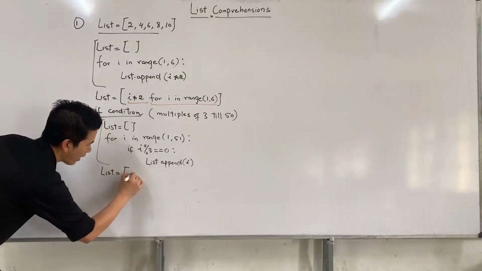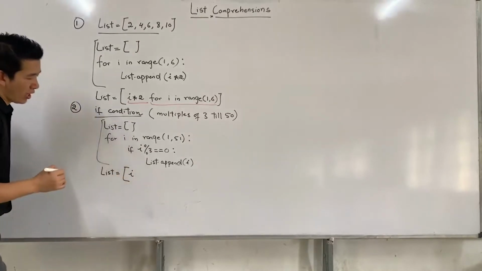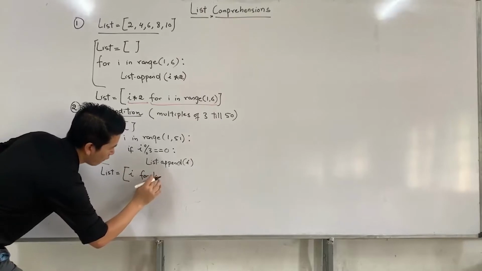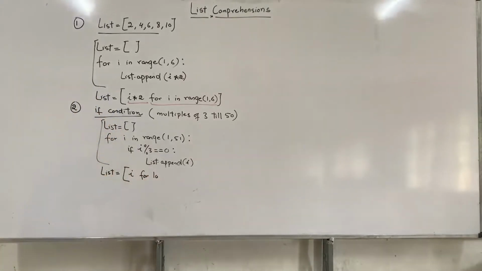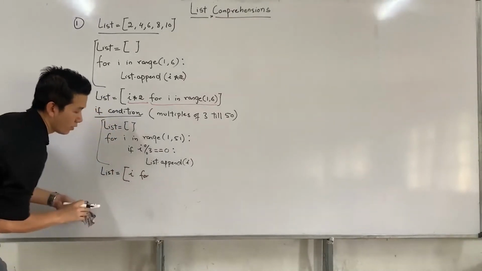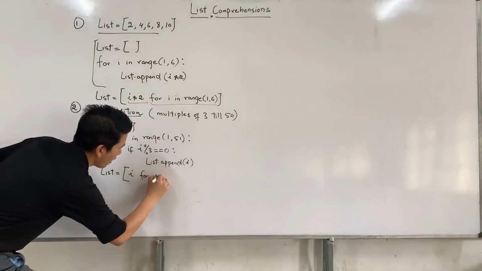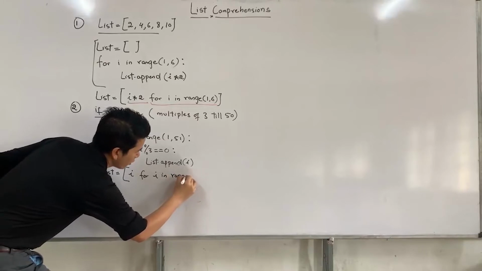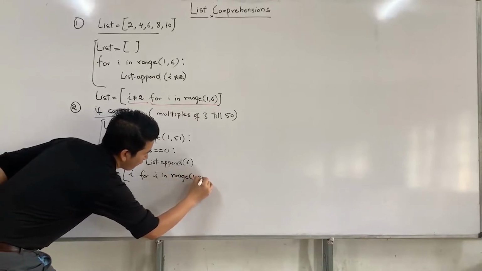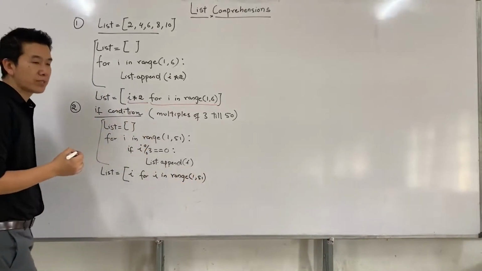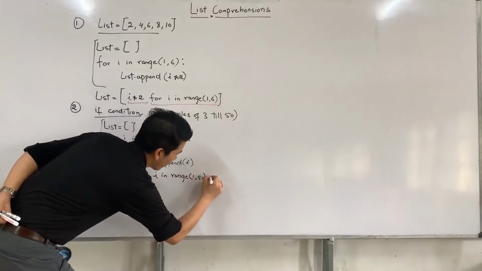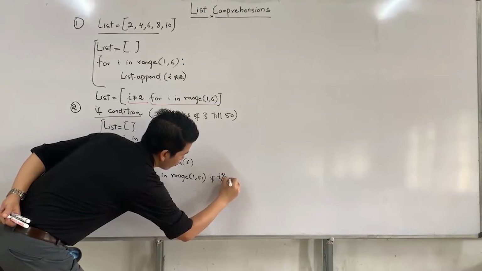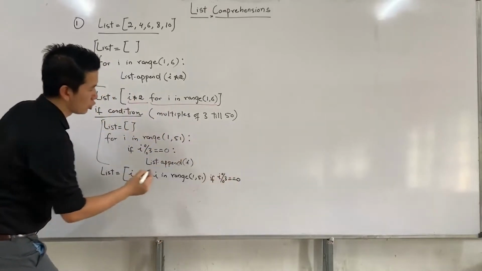So you will have just i, followed by the looping statement for i in range 1 comma 51, and then comes the condition: if i modulus 3 is equal to 0.